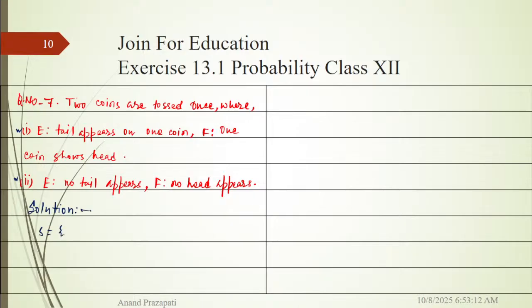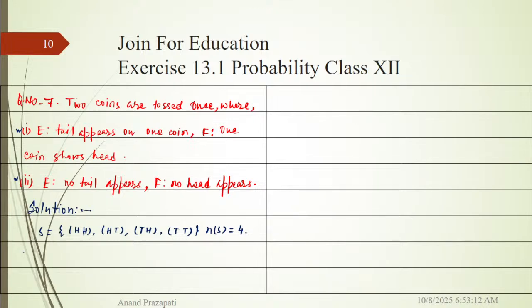So sample space will be HH, HT, TH and TT. So the number of S here will be 4. Hope that there is no problem to understand up to this step.